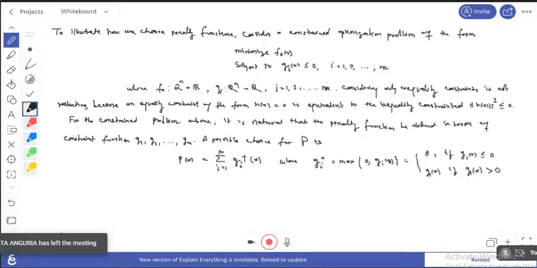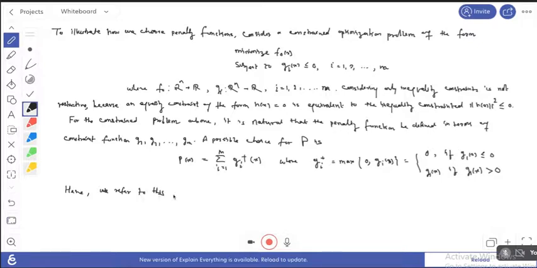Now we refer to this penalty function as the absolute value penalty function.